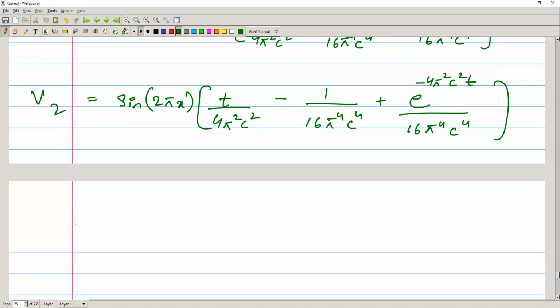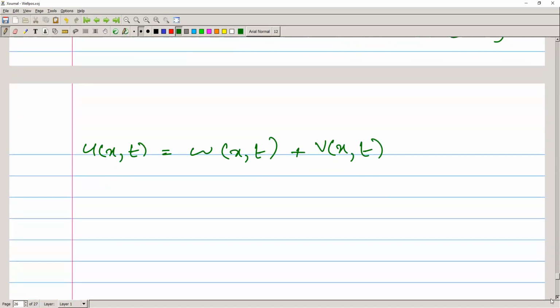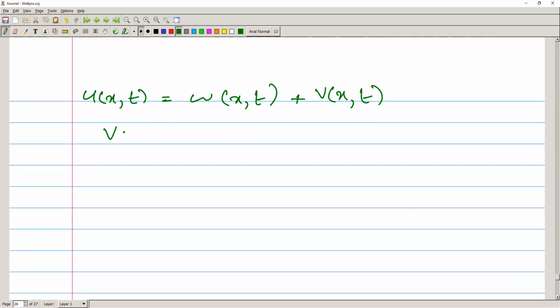Now we can write u of x comma t is equal to w of x comma t plus v of x comma t, where v of x comma t is equal to v1 plus v2.